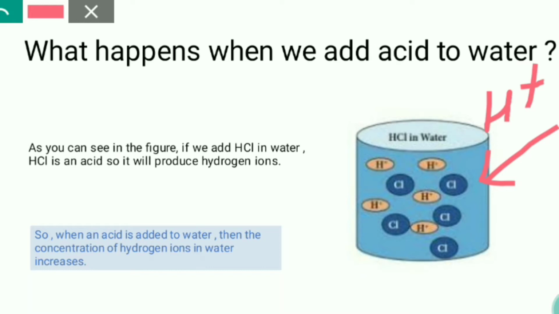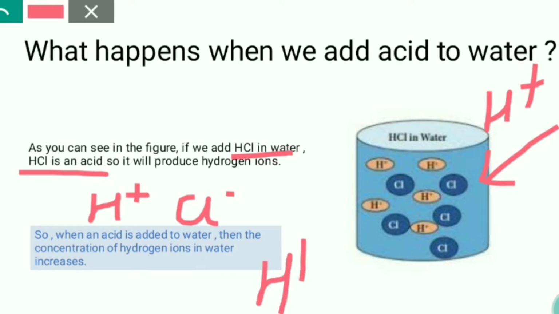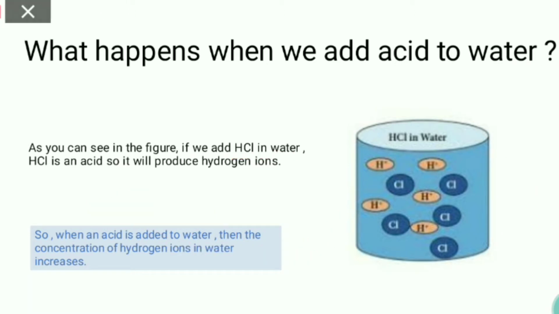As you can see in this figure, if we add HCl to water, HCl is an acid, so it is giving H positive and Cl negative. When this acid is added into the water, already the water contains hydrogen ion, and further hydrogen ions got increased due to the dissociation of HCl.